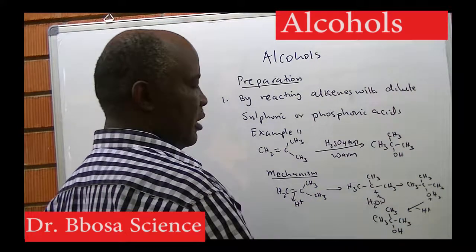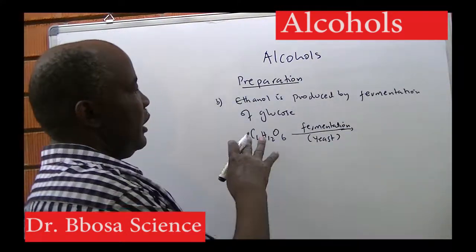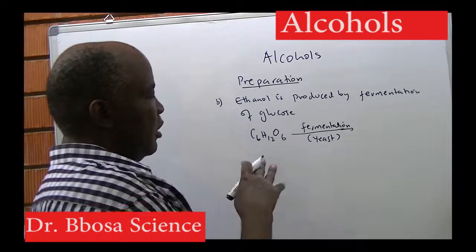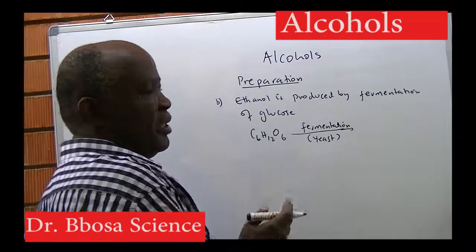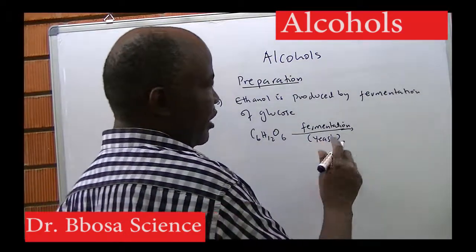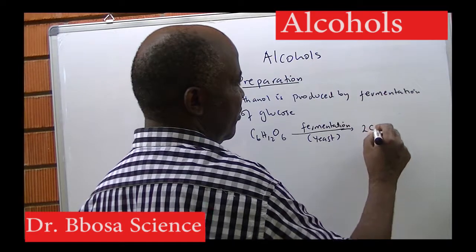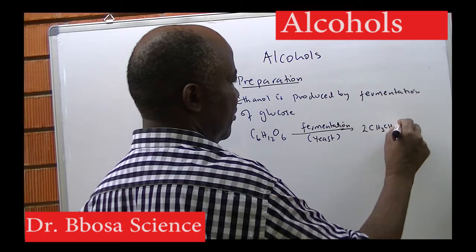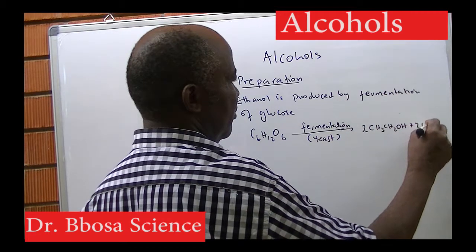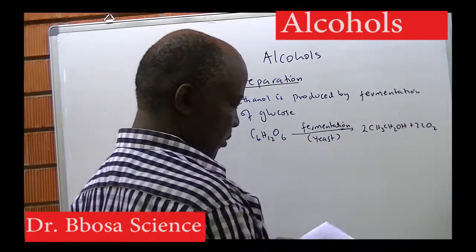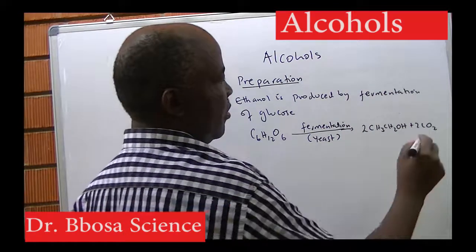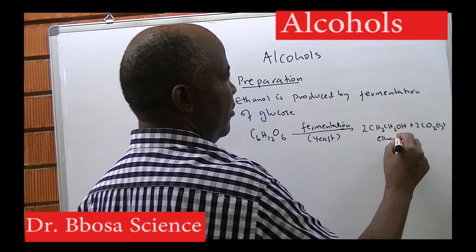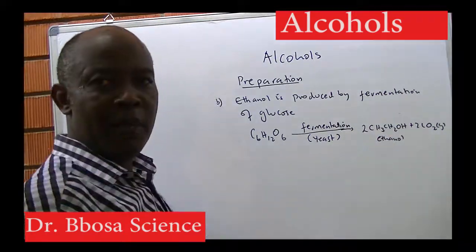B. Ethanol is produced by fermentation of glucose. So glucose undergoes fermentation in the presence of yeast to form ethanol and carbon dioxide.